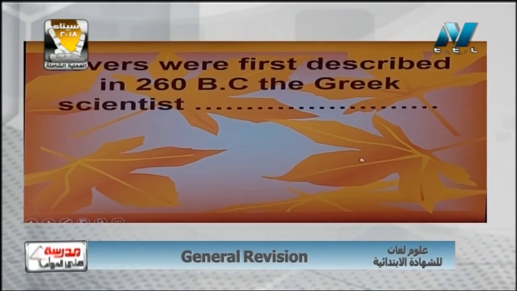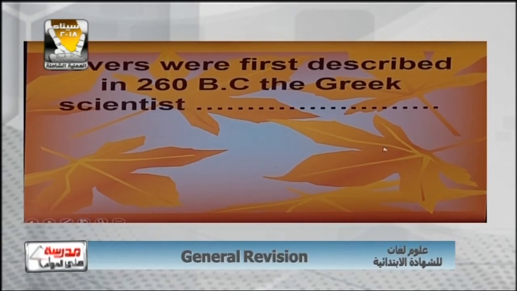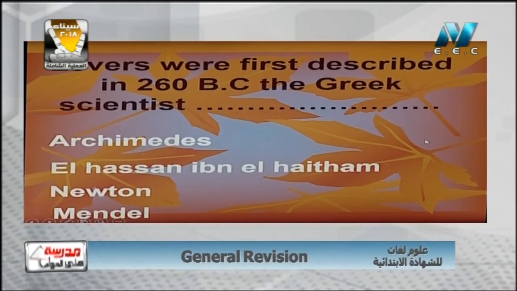Next question. The levers were first described in 260 BC, before Christ. The Greek scientist, who? Number 1 Archimedes, number 2 Al-Hasan ibn al-Haytham, number 3 Newton, number 4 Mendel.